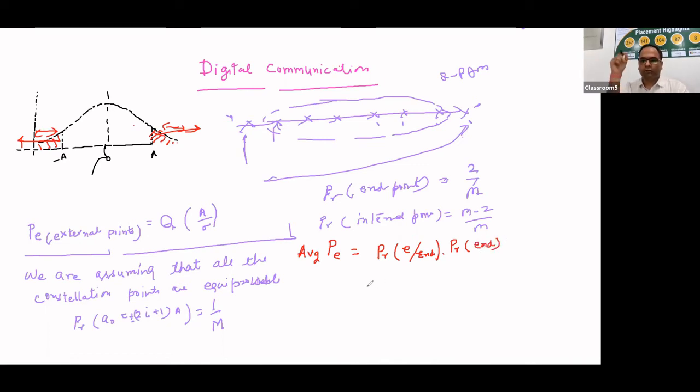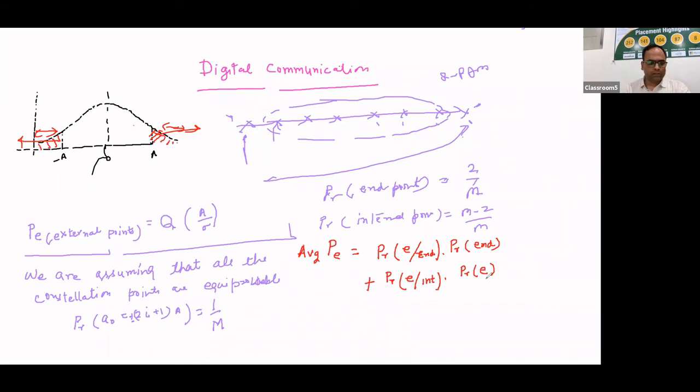It is the probability of A given B times the probability of B, right? Bayes rule, perhaps you have heard this term, or seen it in the chapter of probability. Plus the probability of error for an internal point times the probability of an internal point.